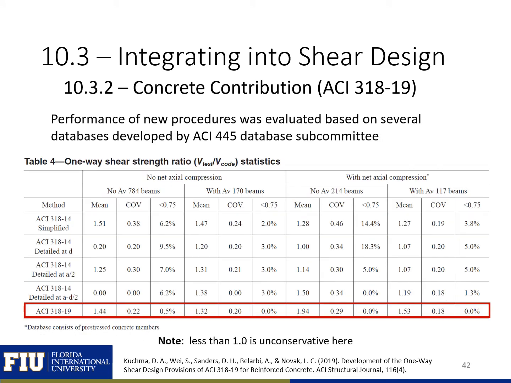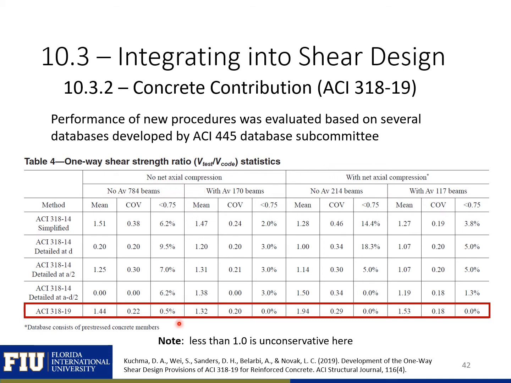The performance of the new procedures was evaluated based on several databases developed by an ACI 445 subcommittee. So you can see here the statistics for the past ACI 318-14 equations and the new ACI 318-19 for beams without and with axial compression and without and with minimum shear reinforcement.